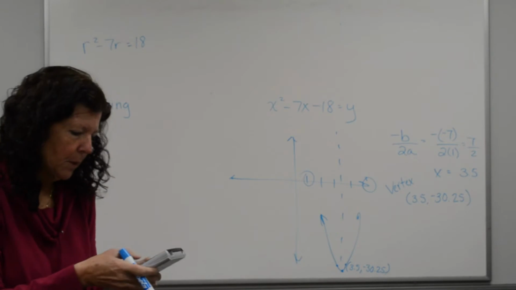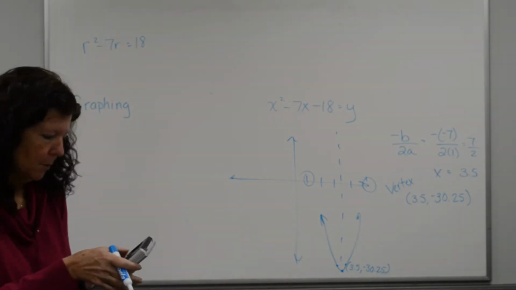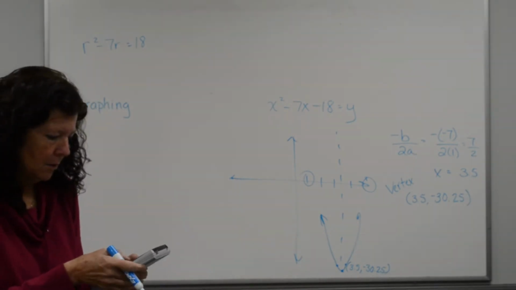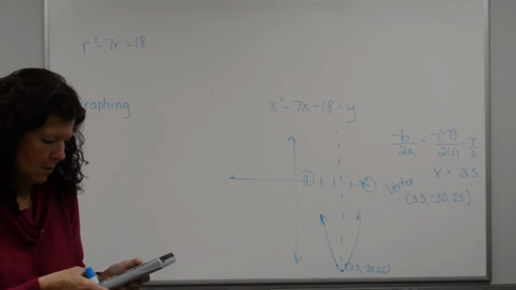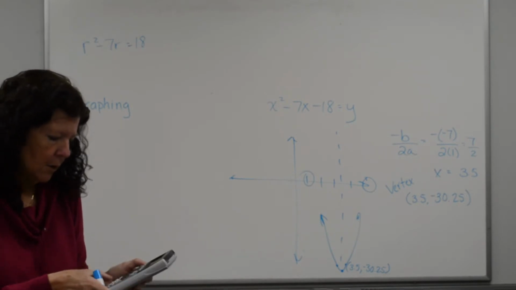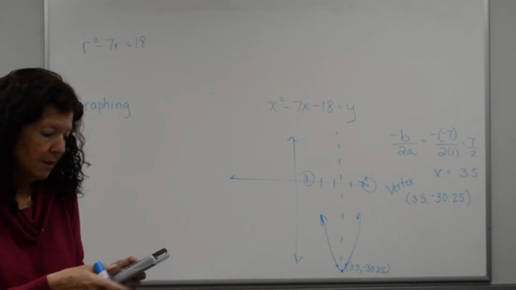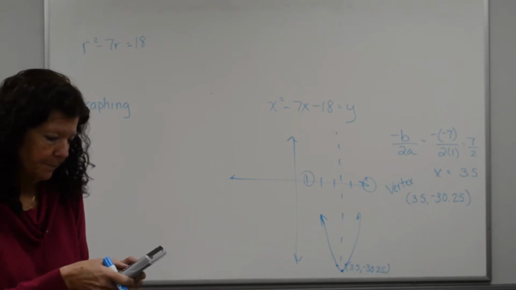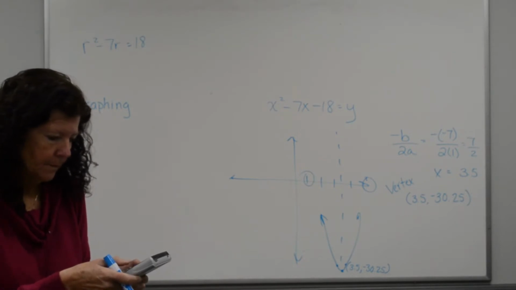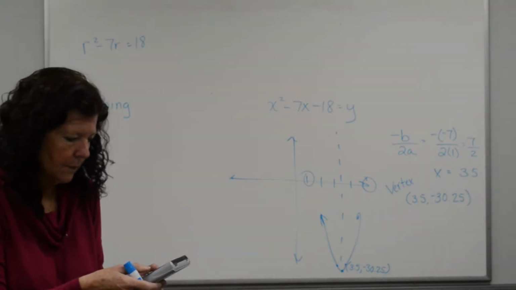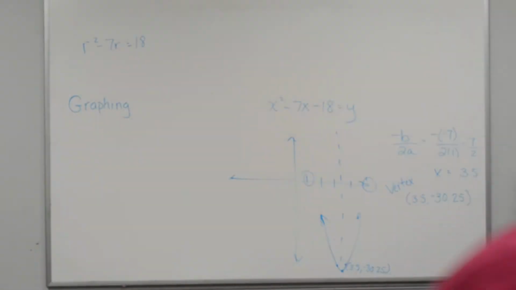I'm going to have to change my window because I don't see both of it on there. I want to be able to see where it crosses. Okay, so I've got that, where it crosses.